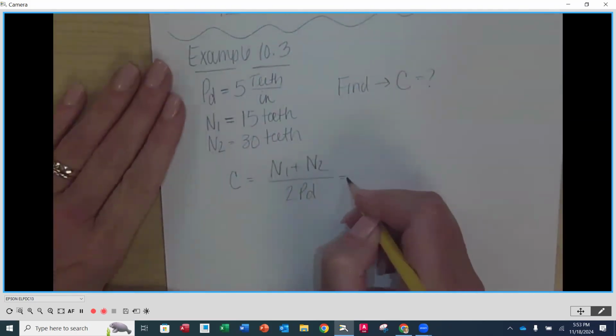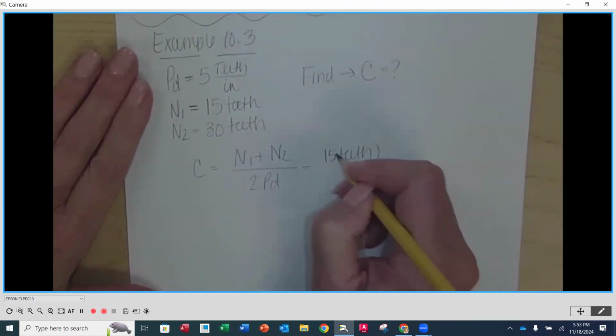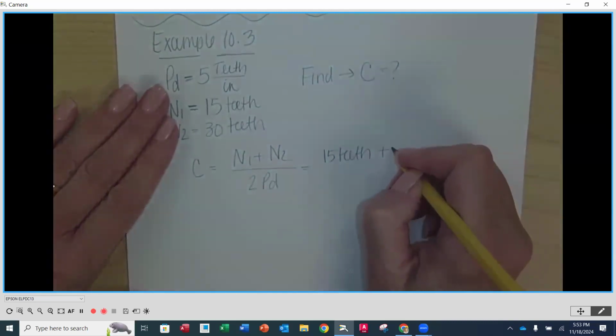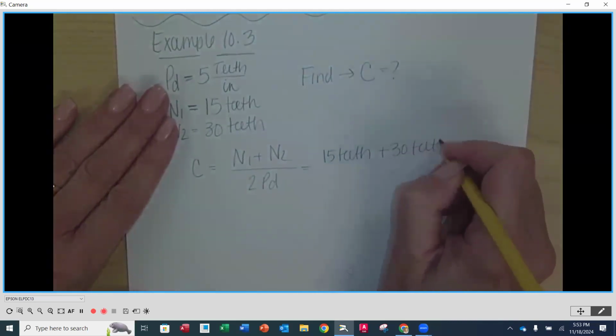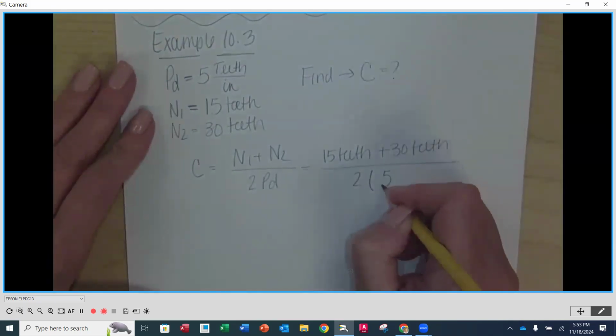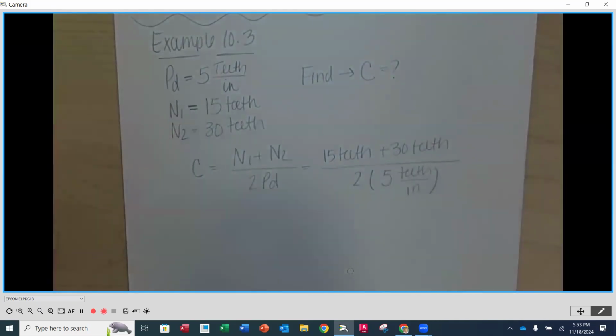So we're going to put our variables in here. This is going to be 15 teeth. Remember, you have to have your units with each item. 15 plus 30 teeth divided by 2 times our diametral pitch, which is 5, and the units here are teeth per inch. You have to put those units in for the diametral pitch. If you don't, you're not going to end up with inches as your units.